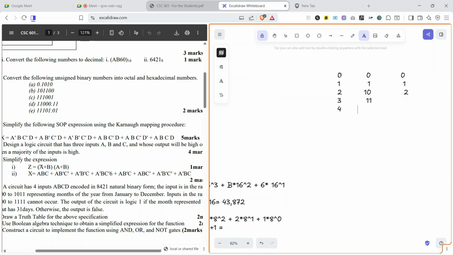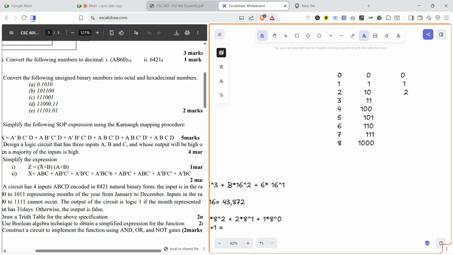And 4 is 1 0 0. 5 is 0 1 0 1. 6 is 1 1 0. 7 is 1 1 1. 8 is 1 0 0 0.